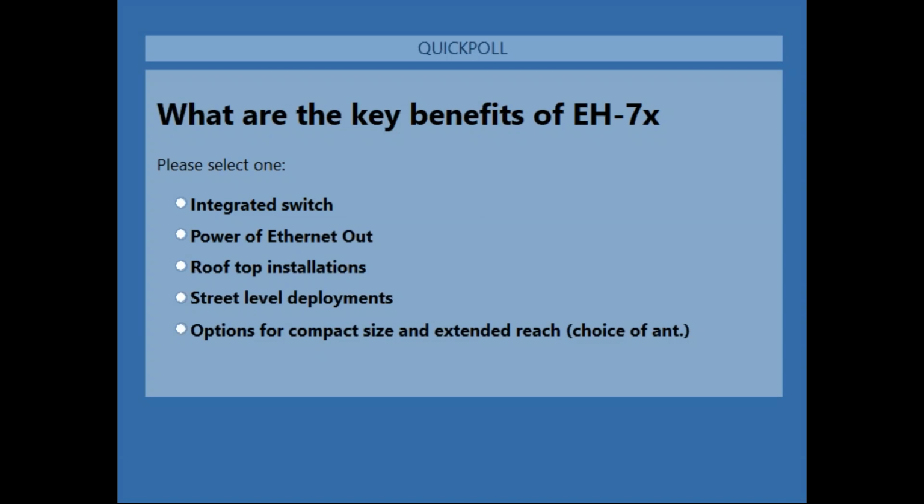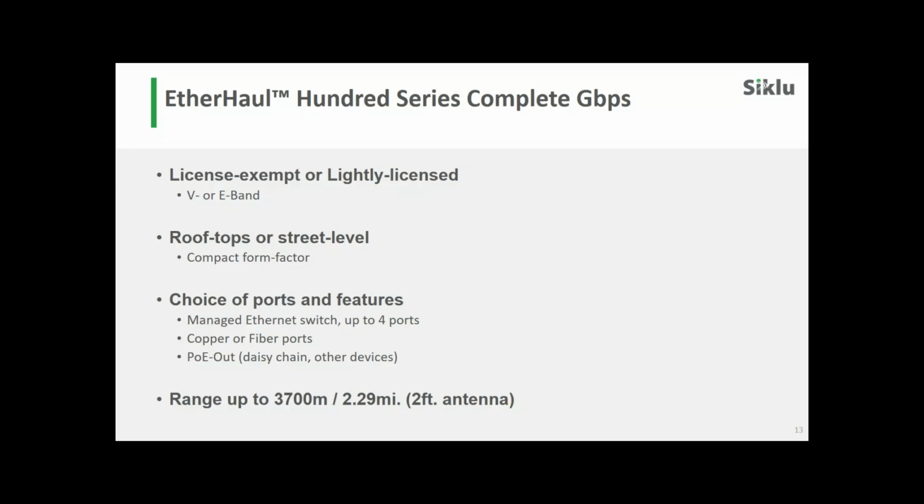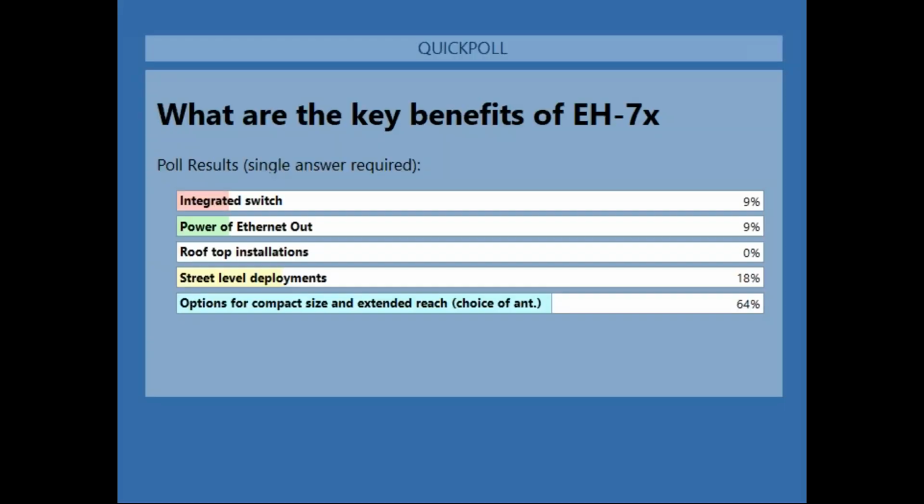Okay, I think all the responses are in. Thank you very much. I'm trying to share the results on the chart, on the screen here, for everybody to see. It seems that the feature which interests everybody most is the compact size and extended reach.